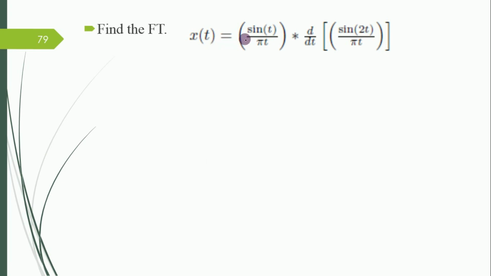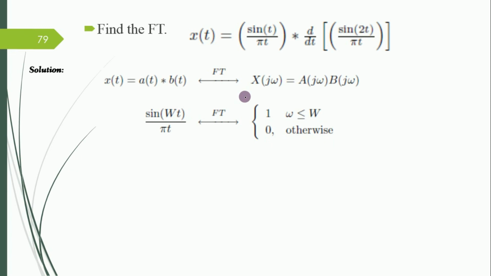Next one. Find the FT of the given signal. So here the solution goes like this. It is taken as x of t is equal to a of t convolved with b of t, where b of t is differentiation of so and so. Now we know that sine wt by pi t, its FT pair is in this fashion. So I take sine 1t divided by pi t, as it is given.